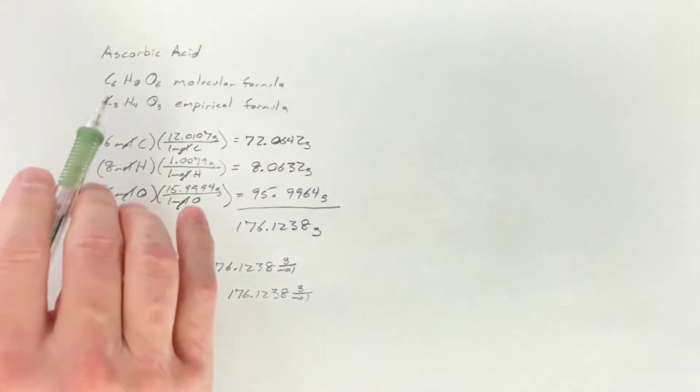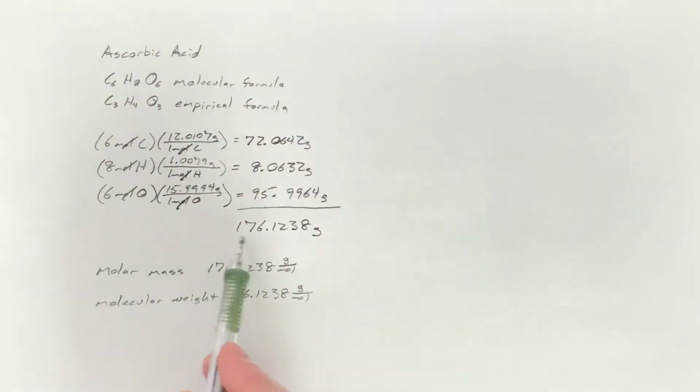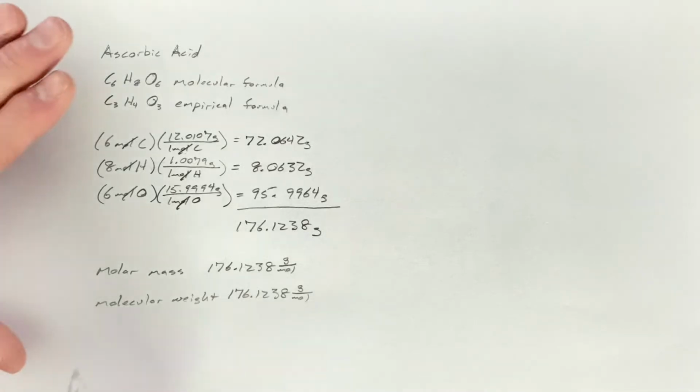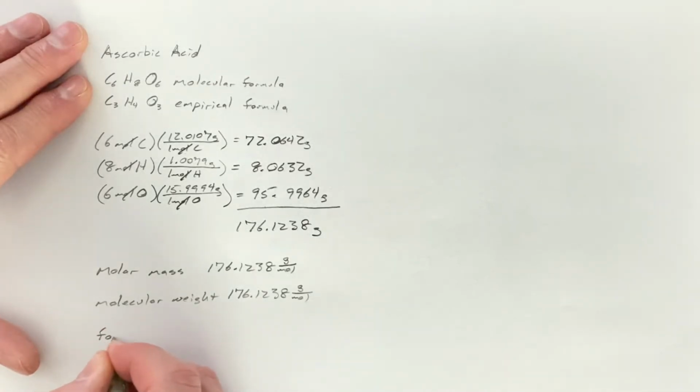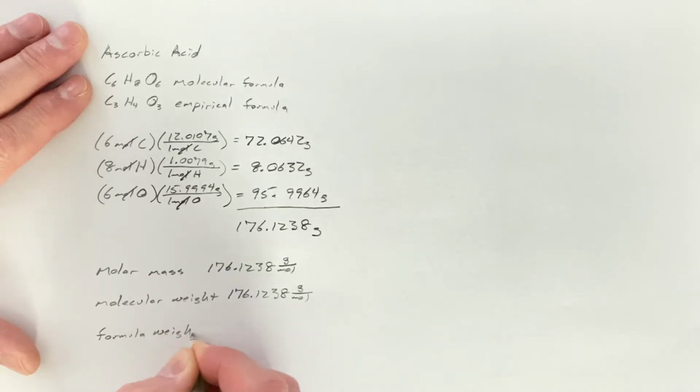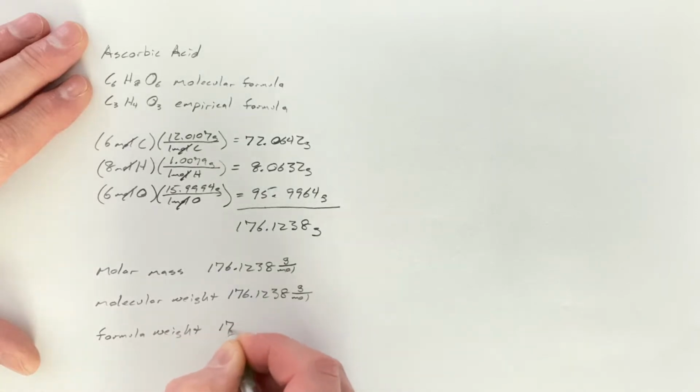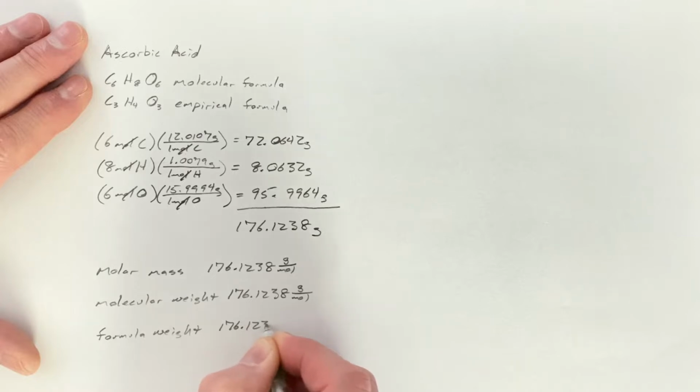I used the formula for ascorbic acid to obtain this mass, so I can also say the formula weight is 176.1238 grams per mole.